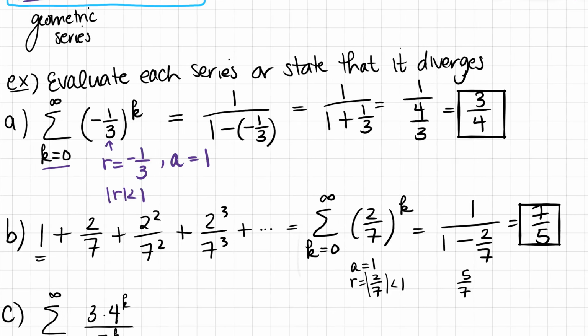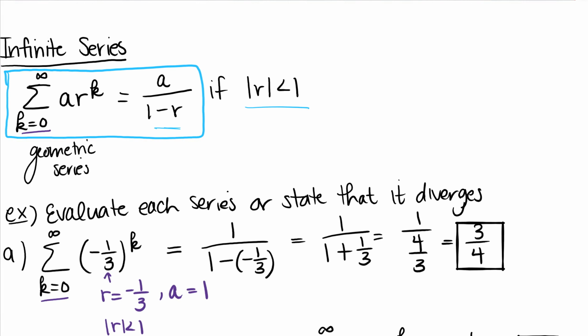If you look up here at our infinite series, let's look at what would happen if I put in k equals 0 and then k equals 1 and so on and so forth. When you put in k equals 0, r to the 0 is 1, so I just get a.